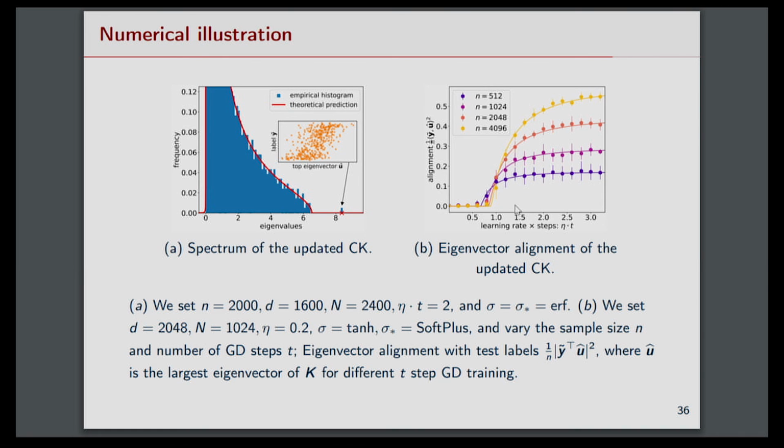But after some steps of training, you will see alignment between the test label and the eigenvector. So that's how this neural network learns the feature from the training process. And also, as the training sample size increases, you have a stronger alignment. So that's the benefit of a large sample size.